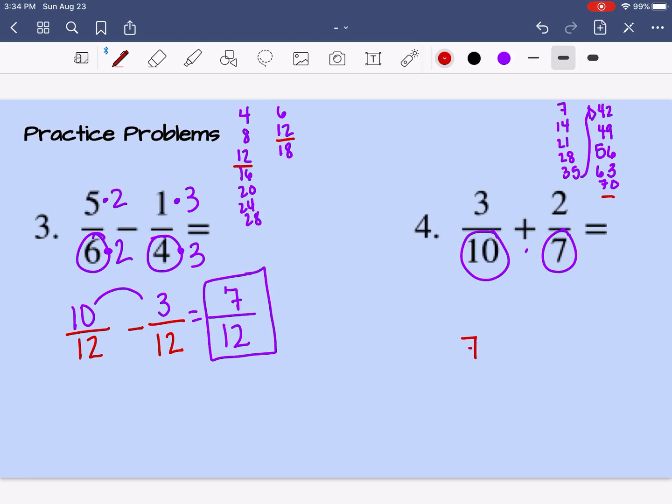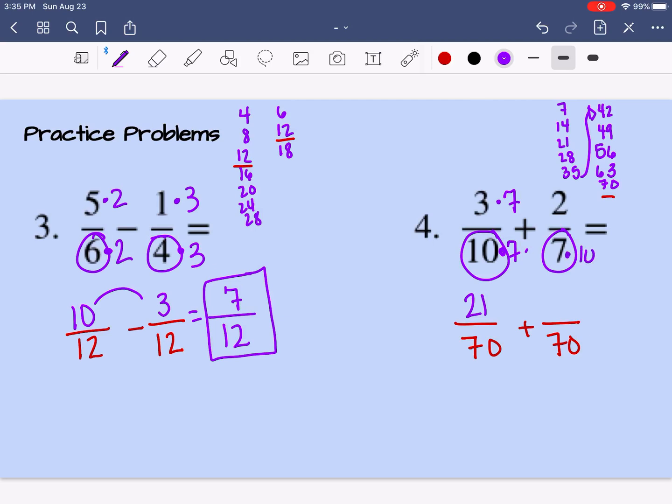So if my least common multiple is 70, my denominator is 70. On this first fraction, how do I get to 70 from 10? I multiply by 7. 3 times 7 is 21.